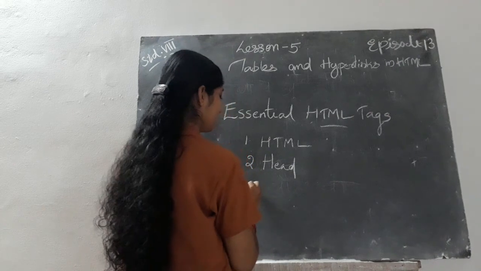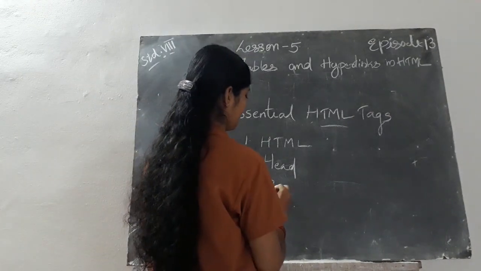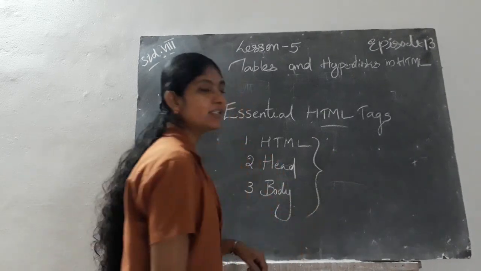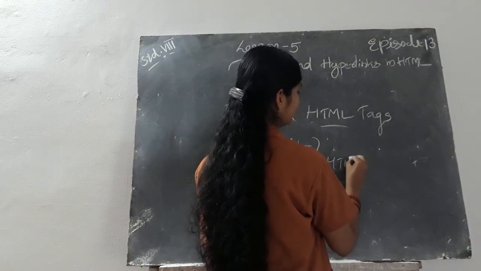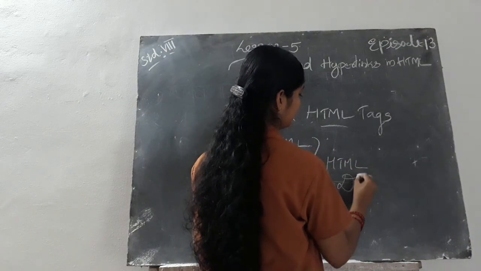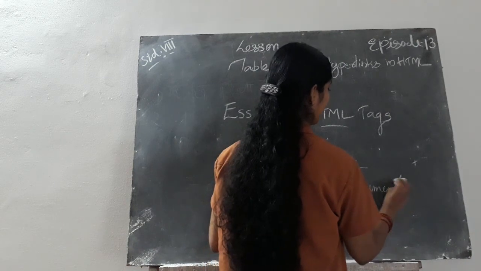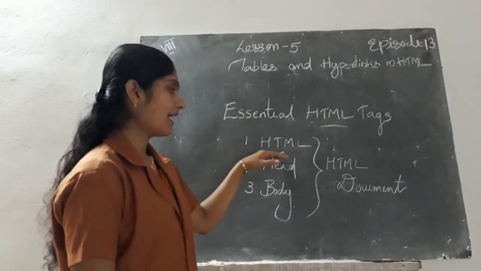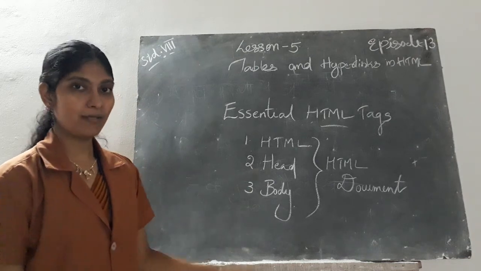And third, a body part. An HTML document consists of three parts: an HTML part, head part, and body part.